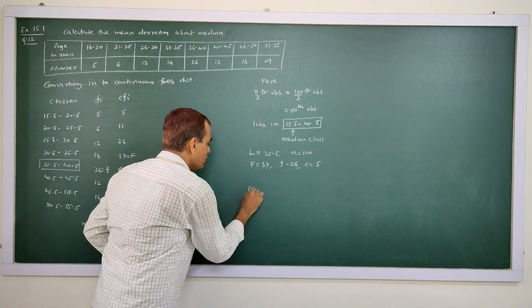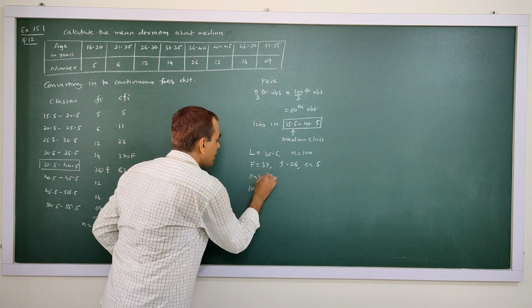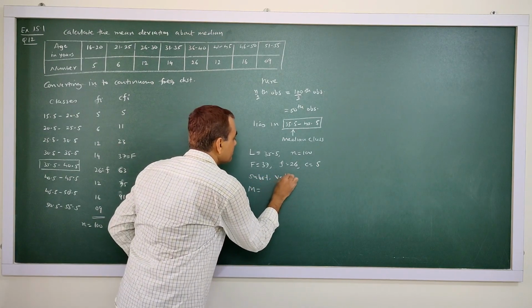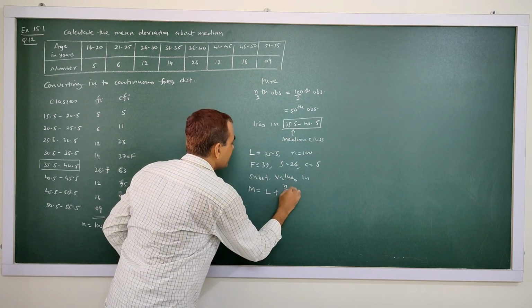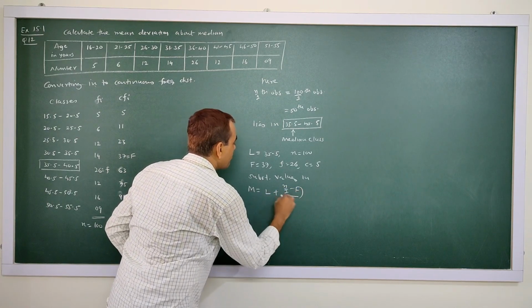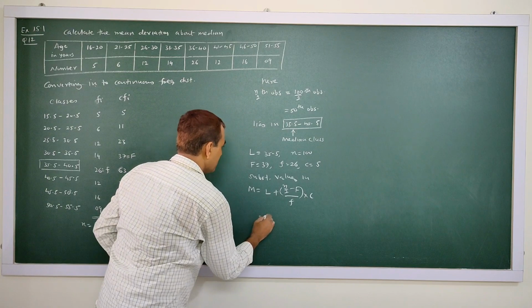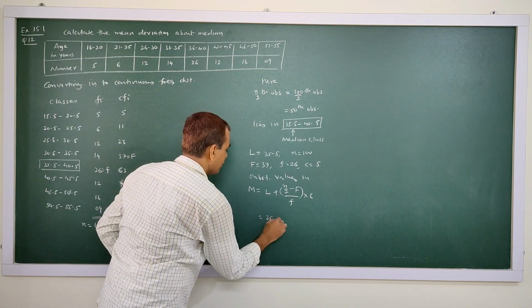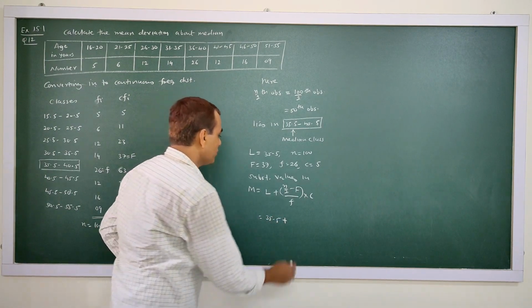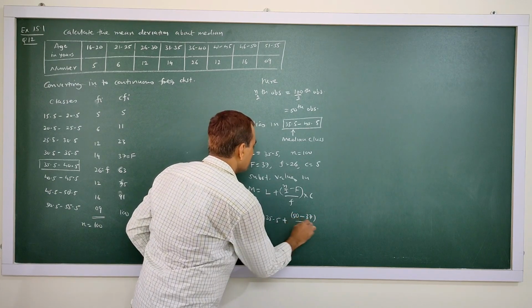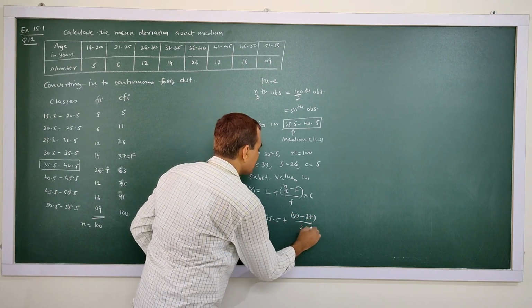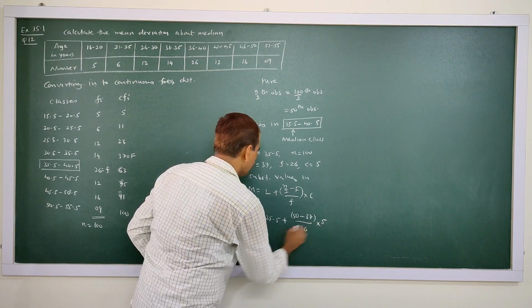So the median is, substituting values, M is equal to L plus n by 2 minus capital F upon small f into C. L is 35.5, n by 2 is 50, capital F is 37, small f is 26, C is 5.